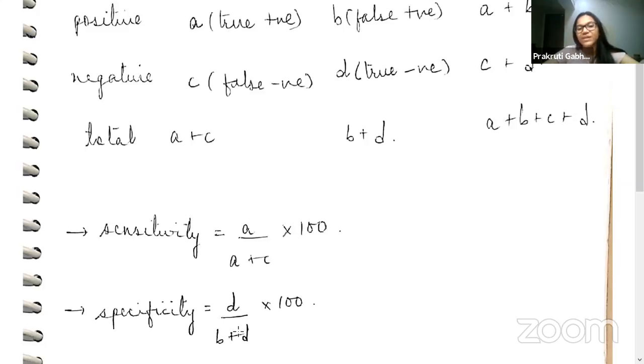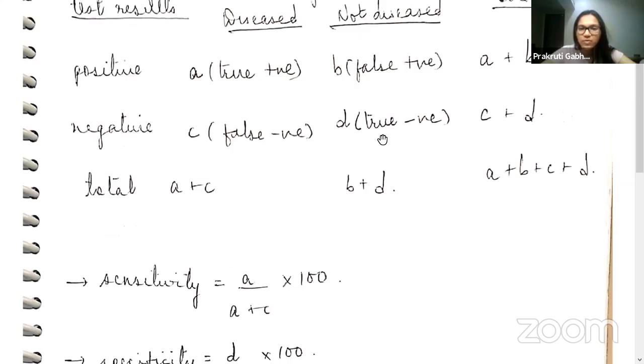That means my specificity is 80%. That is, my screening test is specific for diabetes. It's able to rule out 80 non-diabetics out of 100 non-diabetics. So I would calculate it using D, the true negatives, upon the total number of not diseased, that is B plus D, into 100 again, because it's expressed as a percent.